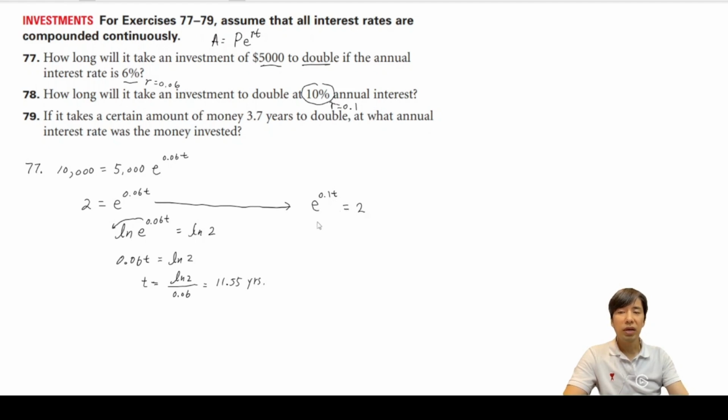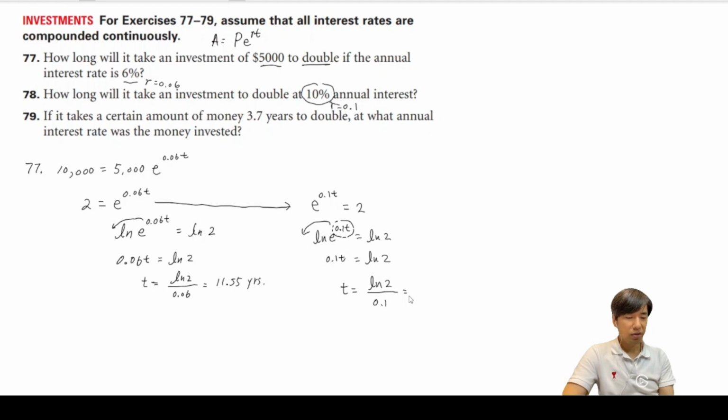So apply ln on both sides, then ln e to the power of 0.1t is equal to ln 2. So 0.1t, take this in front of the log, and ln e is 1, so it disappears. That's ln 2. So t is equal to ln 2 divided by 0.1.